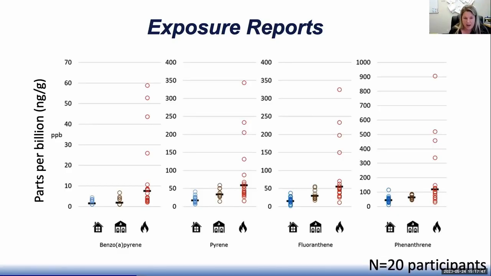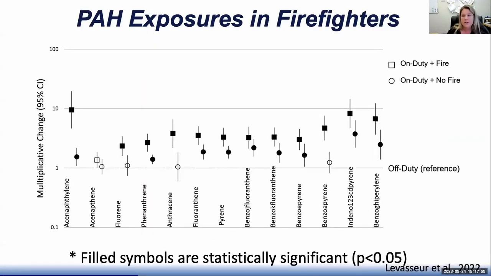You can see benzo[a]pyrene, for example, increased quite a bit in some of the firefighters, likely depending on how close they were to the fire, how long they spent near the fire. But we can then use this data in a regression model to look at average differences during these different activity patterns or work periods. So here you're seeing output from a regression model, a GEE model, where we're looking at differences off duty versus on duty.